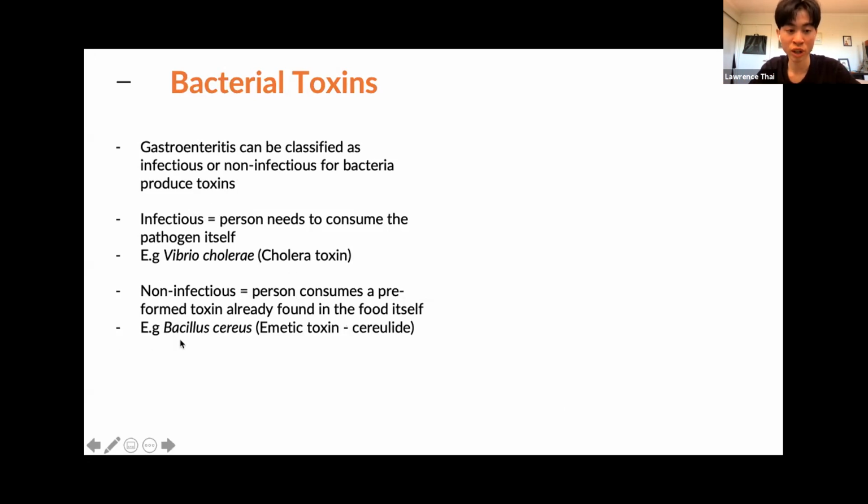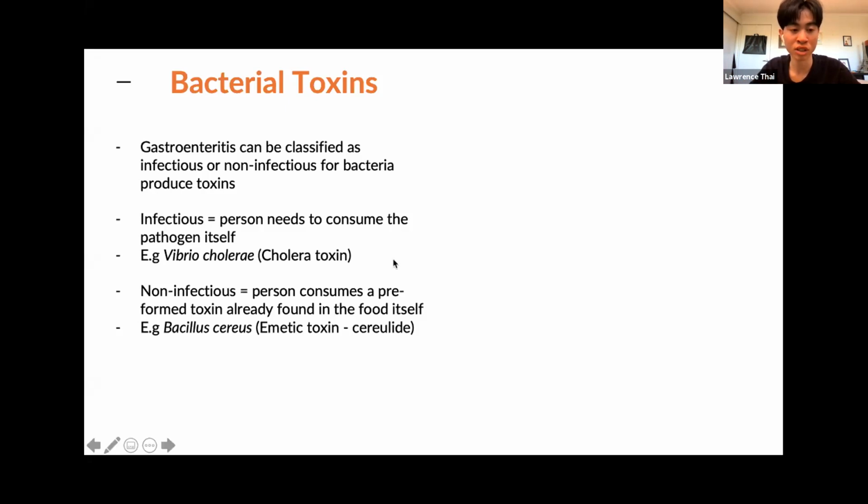So we'll go over an example, which is this one. I don't really want to butcher the name. And we've also got another one, which is infectious. And that's the one where we actually eat the pathogen, and the pathogen basically has to survive the stomach and go to the intestines, and it has to produce the toxin inside of you first.